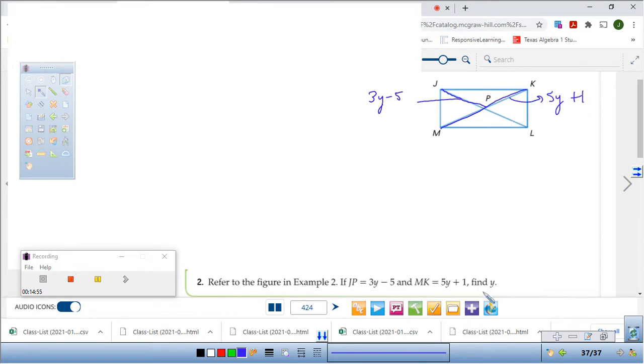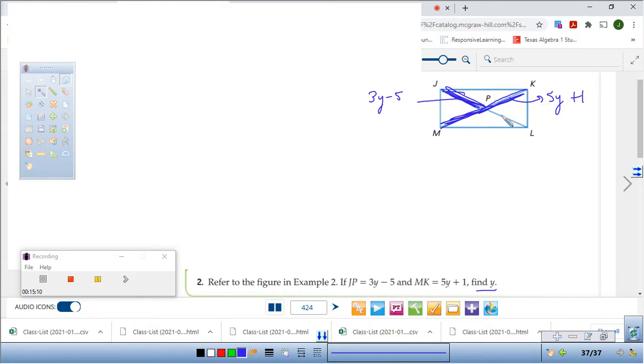They want us to figure out what y is regarding these things. What relationship do these guys have? Do y'all know what they have? We're comparing this length right here. You can say this is half of that. I personally don't like that because of the half.